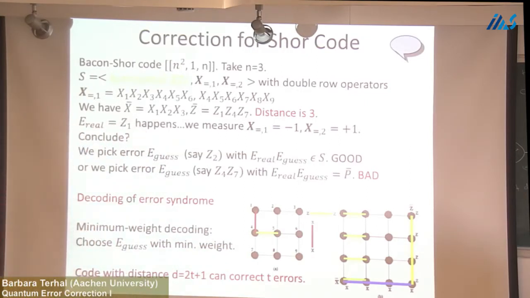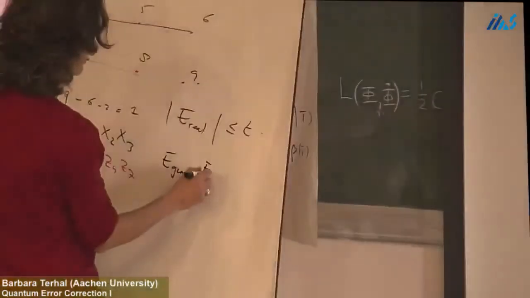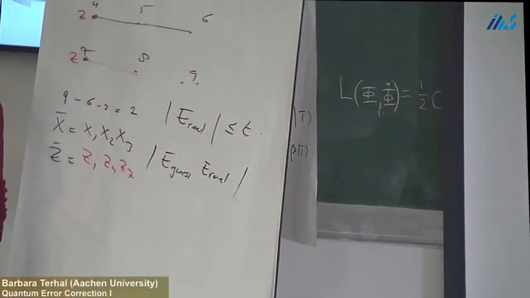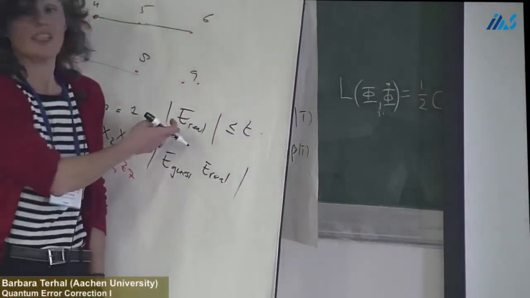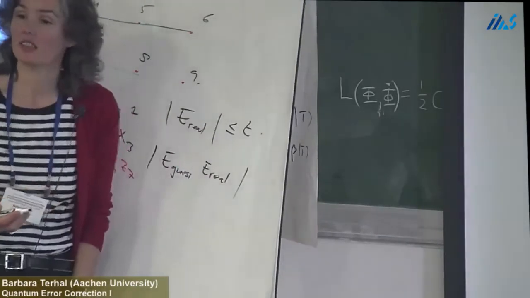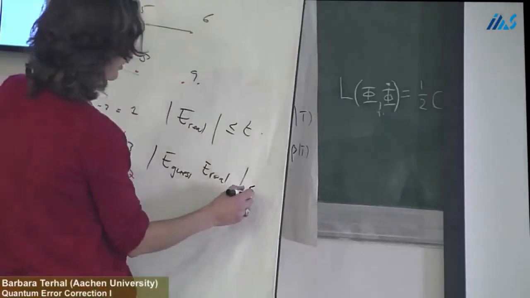So E-real has weight t or less. And E-guess I choose as the minimum weight error. Now, of course, there is a minimum weight error, namely E-real, that has weight t. And if I multiply these, then the weight is at most 2t.